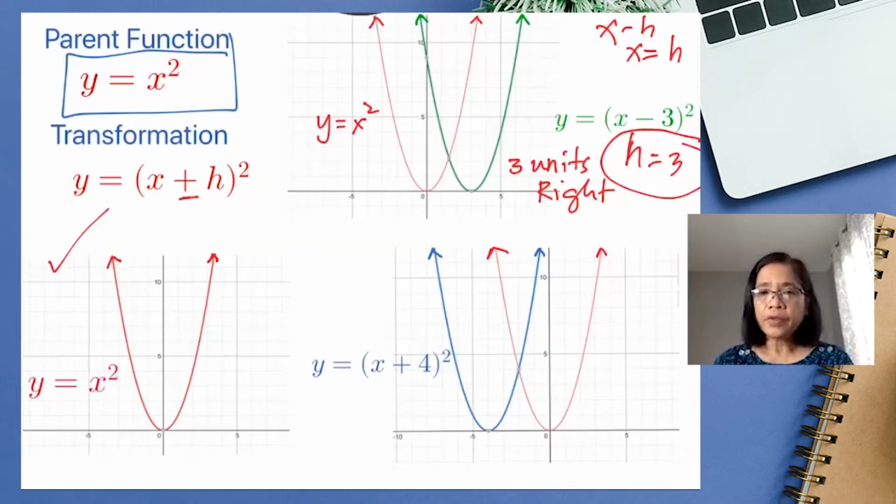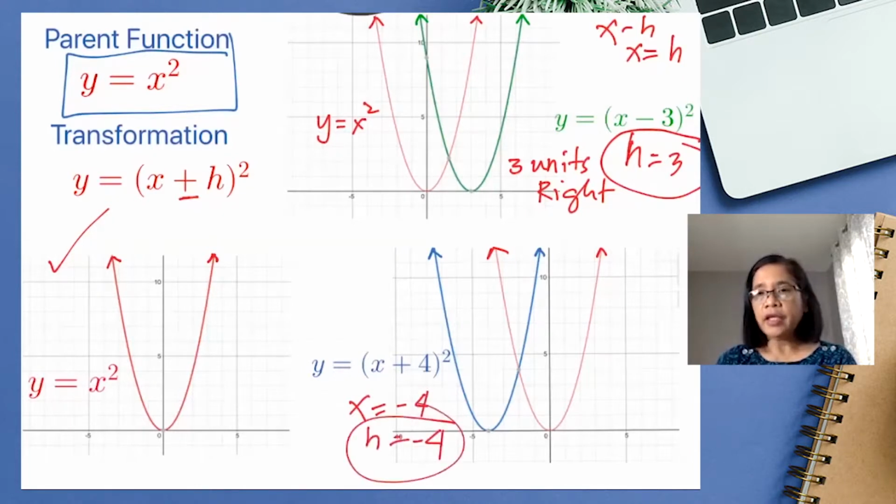Now let's compare to the graph of the function when h is negative. If we solve for h here, when you have x plus h, h here is negative 4.